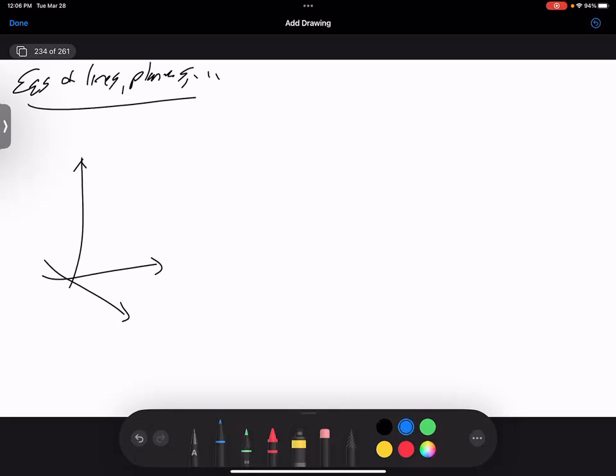I've got some point here, P, and I've got some direction, V. Here is the line going through P in the direction V. So, line through P in direction V.